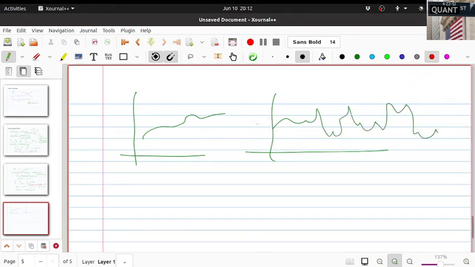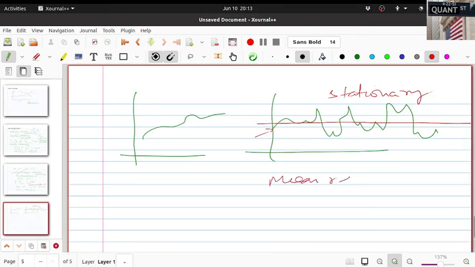It jumps around a mean value, and this phenomenon, where we see a random oscillation around some fixed level in a stationary time series, is called mean reversion.